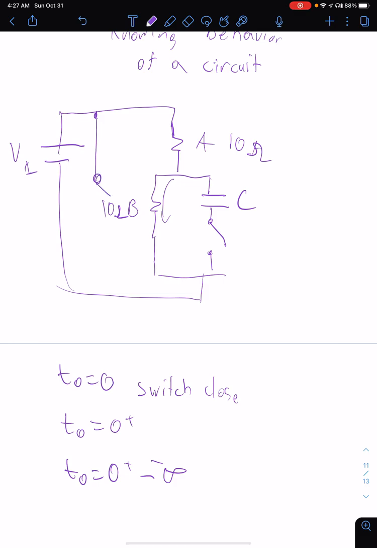With a switch, and let's assume there was also a switch in here that was closed at the beginning. Now, let's say I close this switch and open this switch.